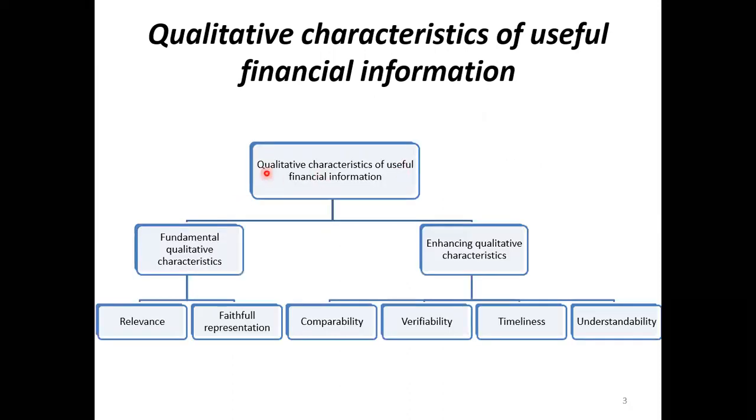So when we talk about the qualitative characteristics of useful financial information, it should have two characteristics. The first one is fundamental qualitative characteristics, and the second one is enhancing qualitative characteristics.